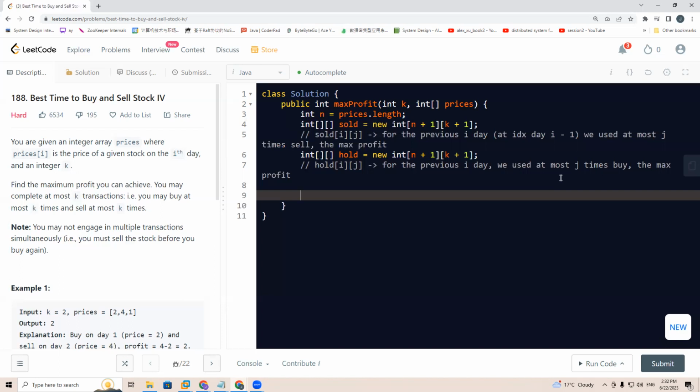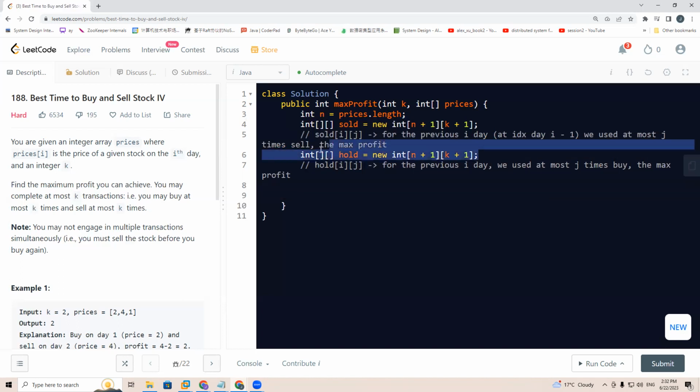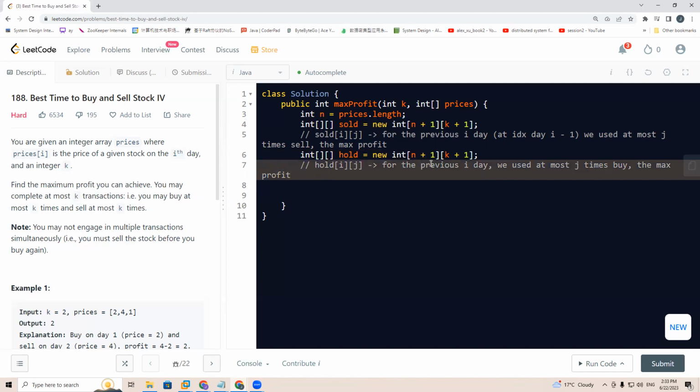So we know for this one, if we buy stock, we use up money, right? So each initial value we can set as integer minimal value.